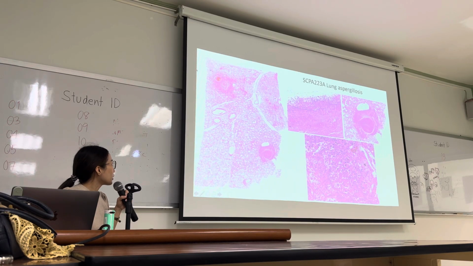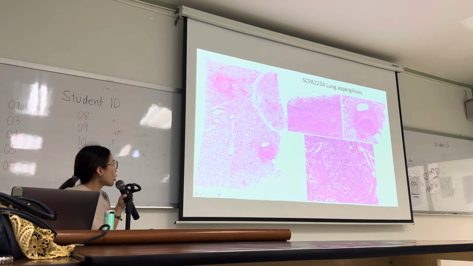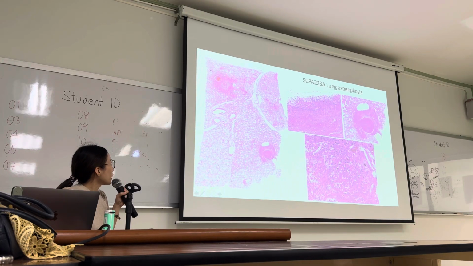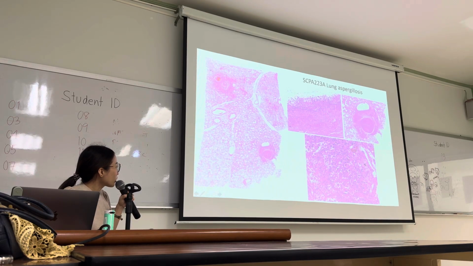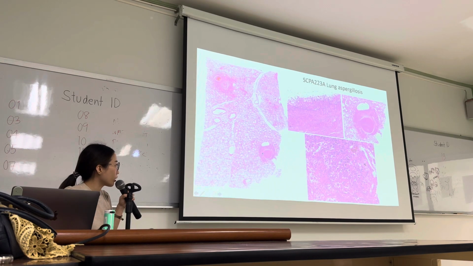You can tell the areas around here are more pinkish than normal, and they lose the normal character of the lung. Instead of having small air sacs like this, you have a staining of pinkish area. You can tell it at the lower side of the picture as well, so it's also an abnormal area.